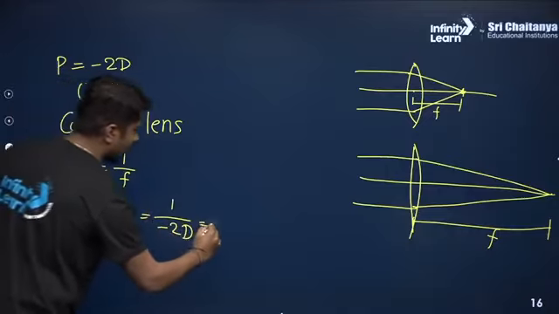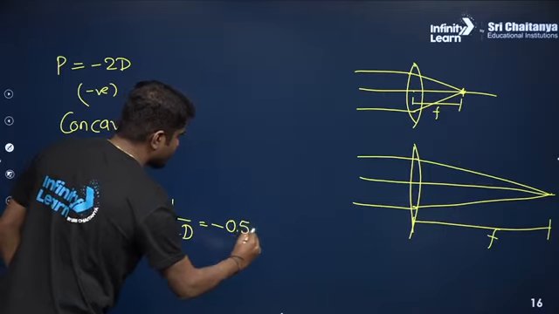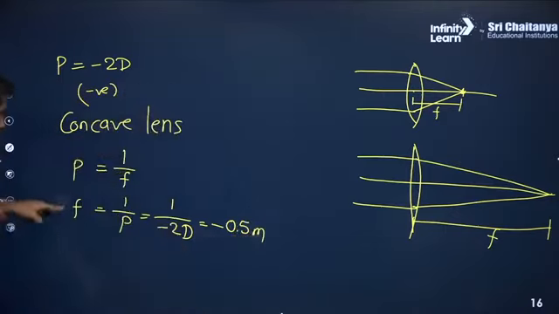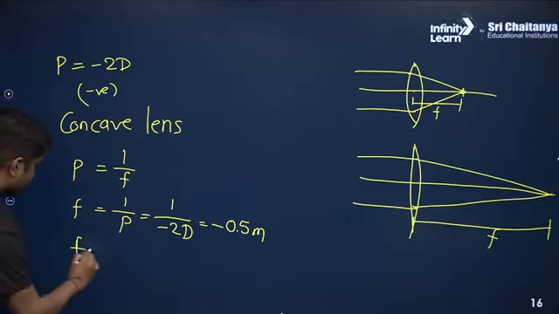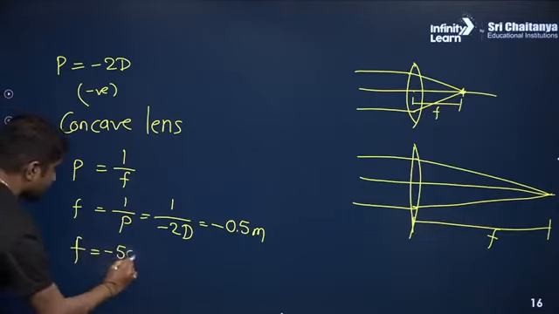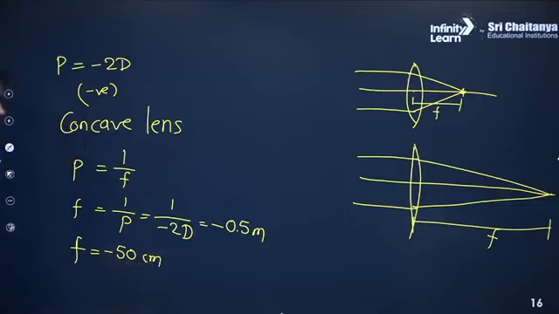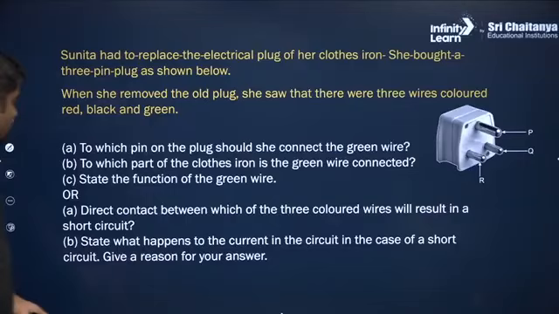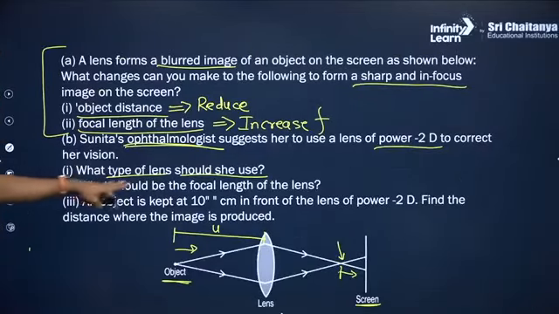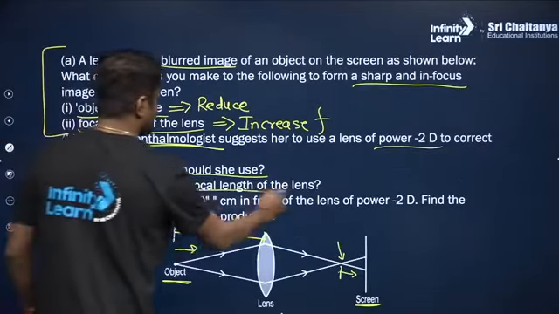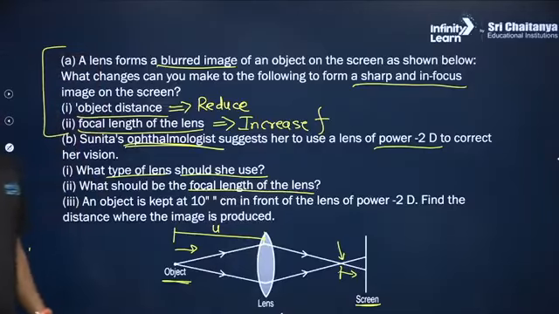So this will be -0.5, and this is in meters. So focal length is -0.5 meters, or focal length is -50 centimeters. Okay, so there is the second question, answer for it. Focal length is -50 centimeter.